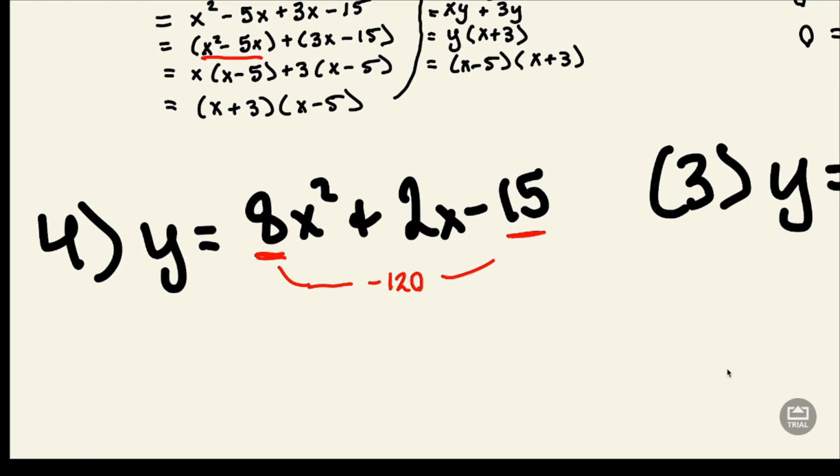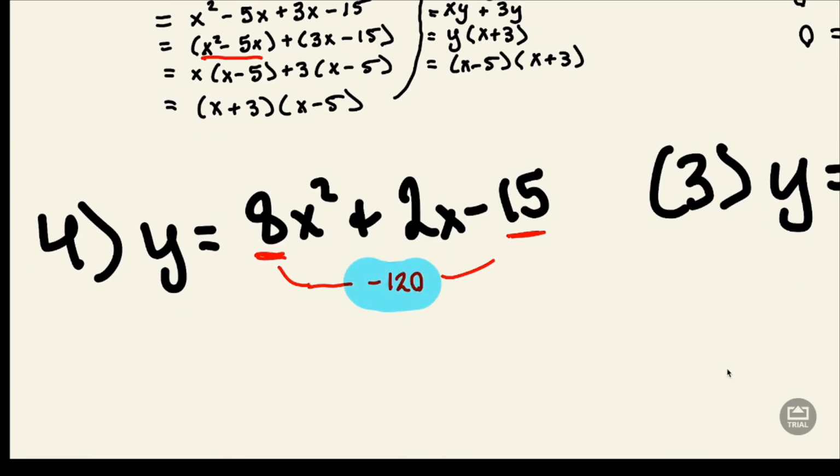So what do we do with negative 120? Before, we had to figure out two numbers that multiply to the last term but add to the middle term. Instead, we are going to find two numbers that still add to the middle term, but now multiply to this term right here.